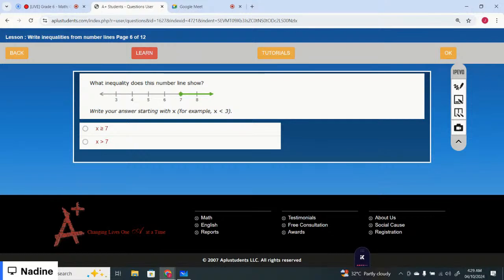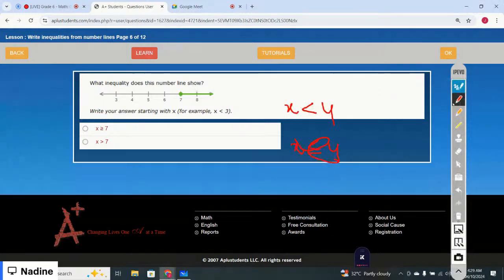What inequality does the number line show? So which is the correct option? You can see here now on the 7 you have a closed circle, right?